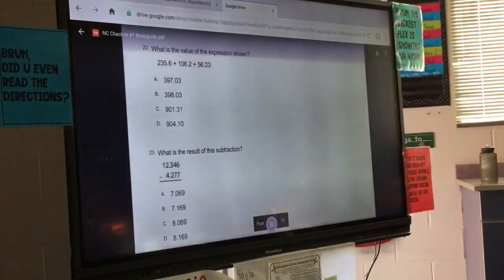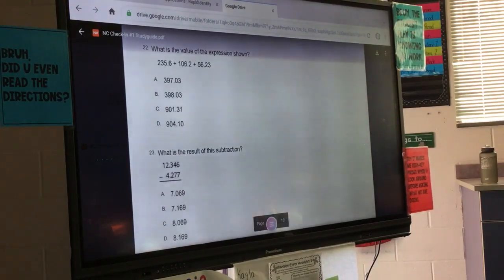Number 22. You're going to see decimal operations. So number 22 says, what is the value of the expression shown? Go ahead, solve it, stand up when you're done.